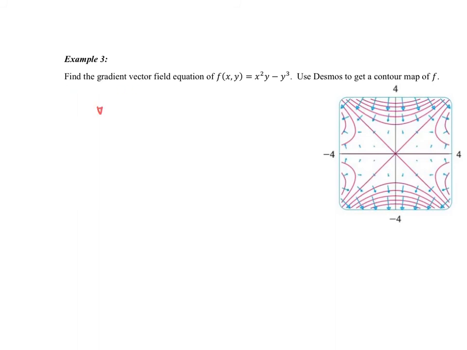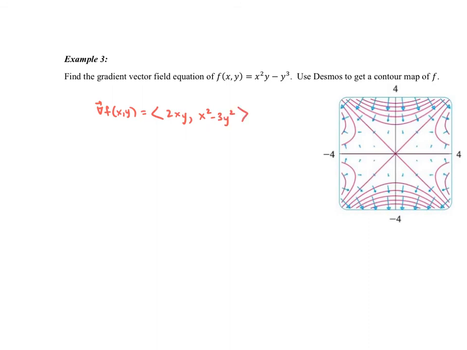The gradient vector field is just the gradient vector of f, and it is the partial derivative with respect to x, which is just 2xy, and then the partial derivative with respect to y, which is going to be x squared minus 3y squared.